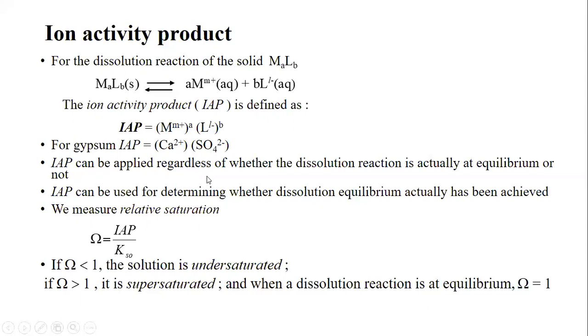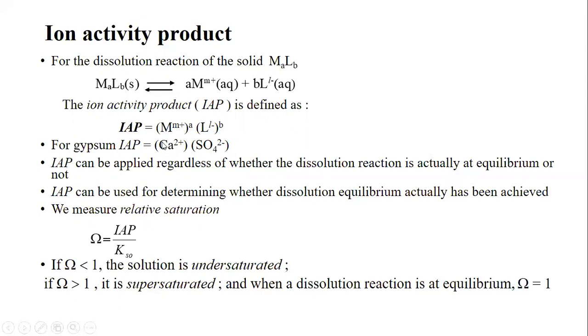IAP can be applied regardless of whether the dissolution reaction is actually at equilibrium or not. So this can be used anytime, if you are given a salt solution and you determine, remember, how do we get this activity? First, you get the concentration of calcium, and that we measure by analytical procedures in the laboratory.